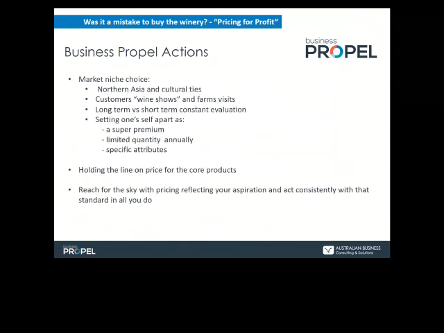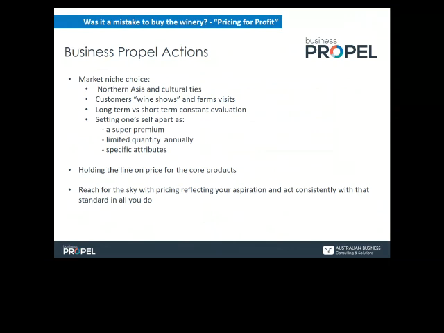So what have we done? We've chosen a market niche. And the way I use "we" here is, as their advisor, you find yourself drawn into a lot of this as conversations, conference calls, etc. We're focusing on the Northern Asian cultural ties of a specific market because it's a natural fit, in the sense of the personality of one of the couple.